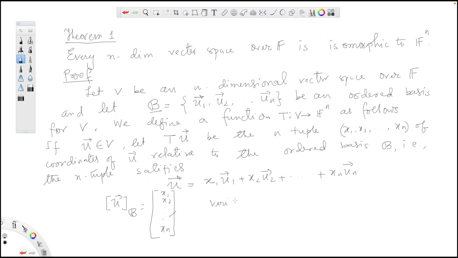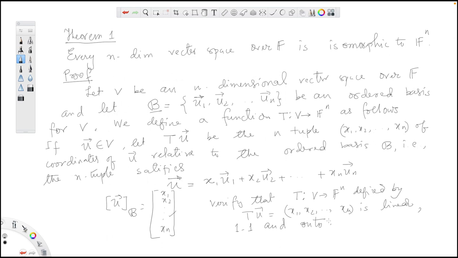Now I want you to verify that T from V to F to the n, defined by Tu equal to x1, x2, all the way up to xn, is linear, one-to-one and onto.